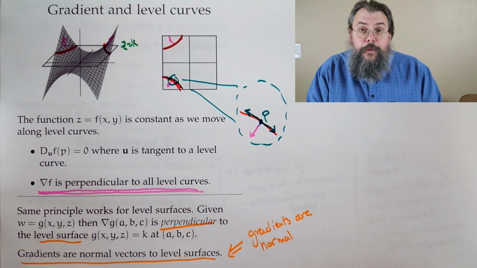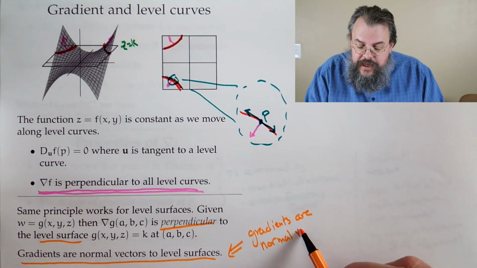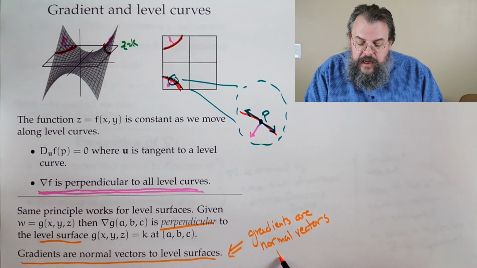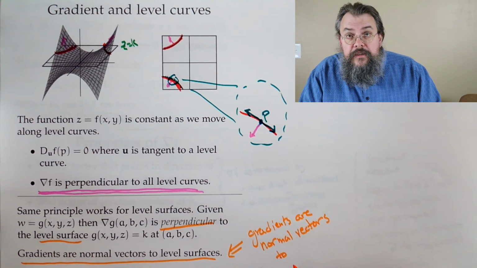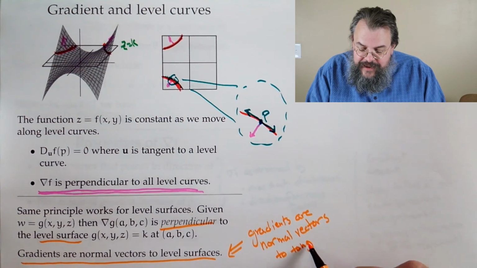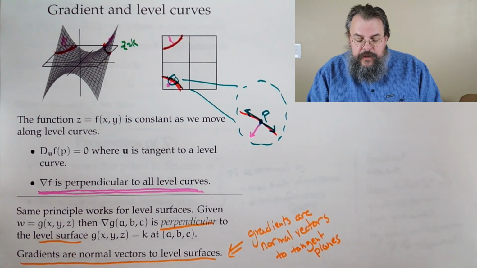And now we're like, whoa, that sounds nice, because it's going to be really easy to find normal vectors to tangent planes. This is a great day for us. And so how does that work?